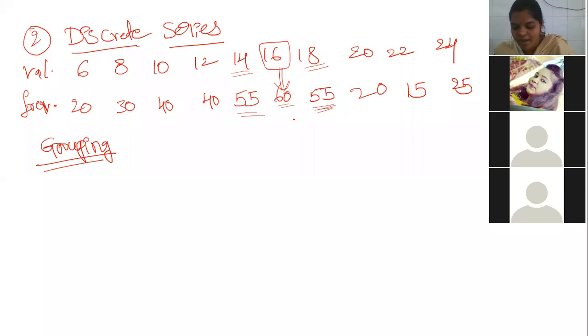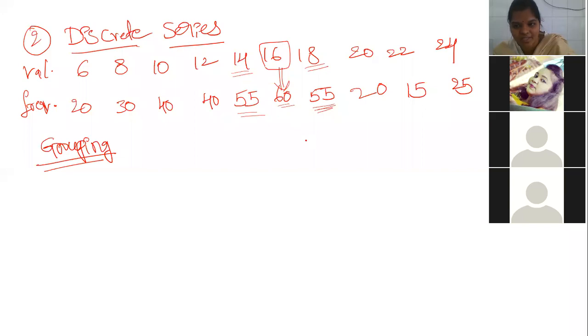However, the values on either side of 16 also have large frequencies.